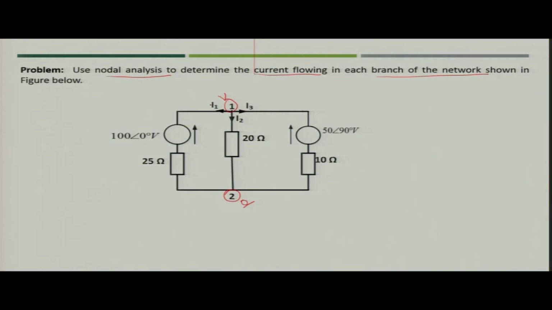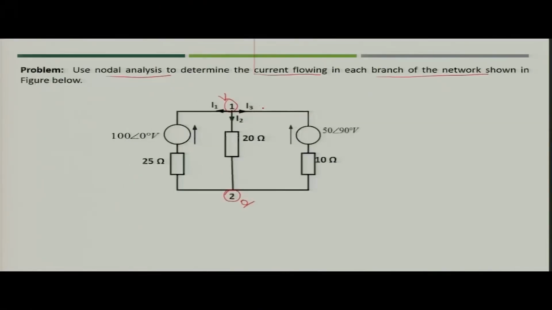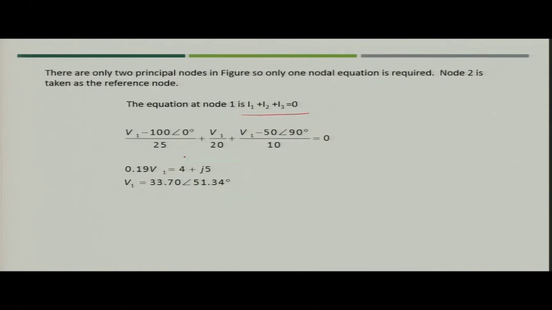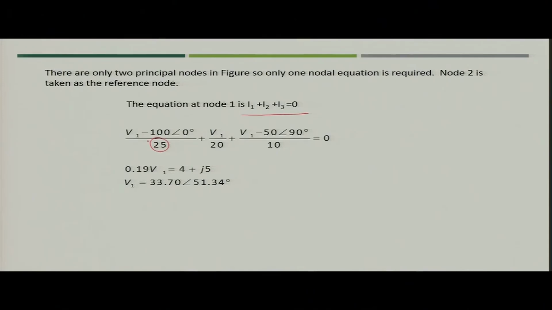So, you can simply write I1 plus I2 plus I3 equal to 0. Now, you have to put the value of I1, I2 and I3. What is I1? I1 would be V1 minus 100 angle 0 divided by the 25 ohm resistance.